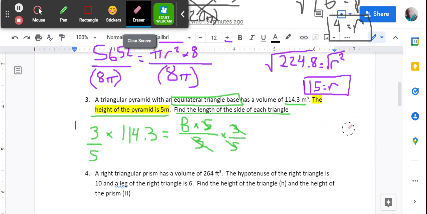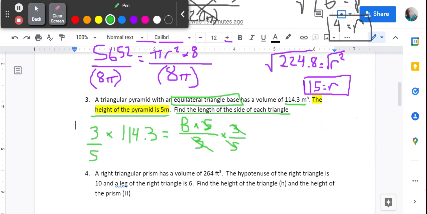So 9A notes, it's some funky little fraction. Does anybody have the 9A notes handy? Good. Okay, thank you, Caleb.